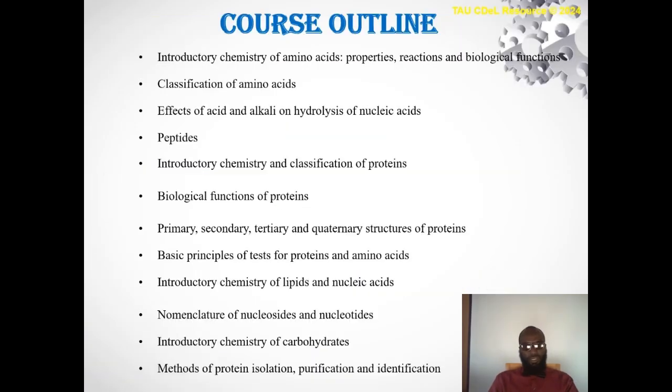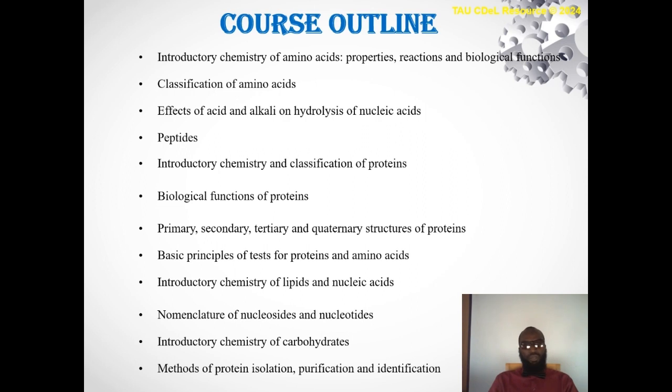The course content. This is the outline of the course: Introductory Chemistry of Amino Acids. We're going to be looking at the properties, reactions, and biological functions. Now we're going to be looking at the classification of amino acids, how amino acids are classified, and the effect of acid and alkali on hydrolysis of nucleic acids.